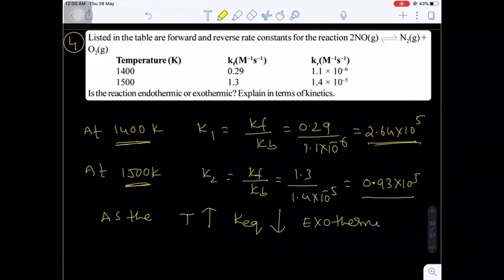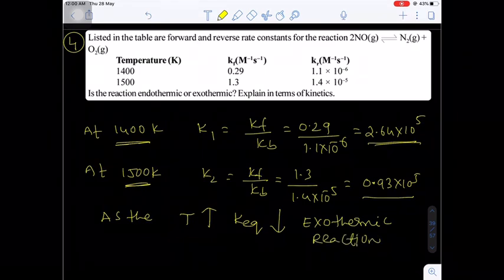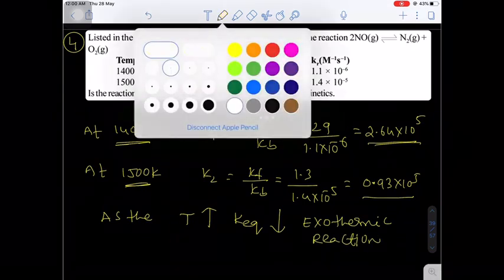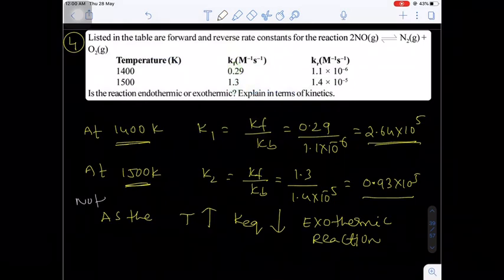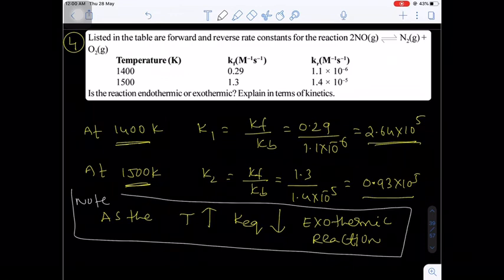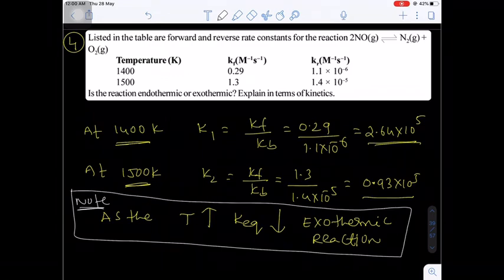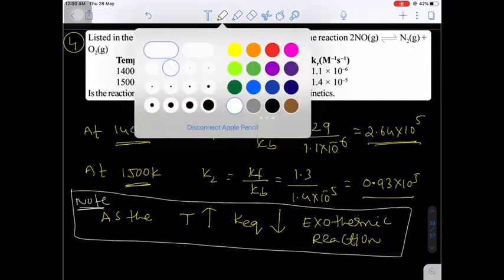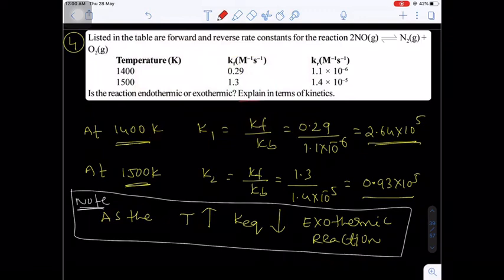Decreases. This is corresponding to which reaction? Exothermic reaction. This is a very important key point. Be careful. As the temperature increases, K equilibrium decreases. That is an exothermic reaction.